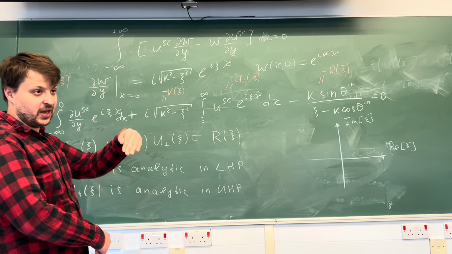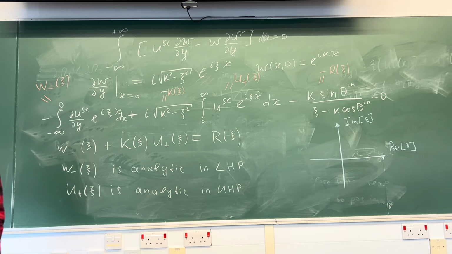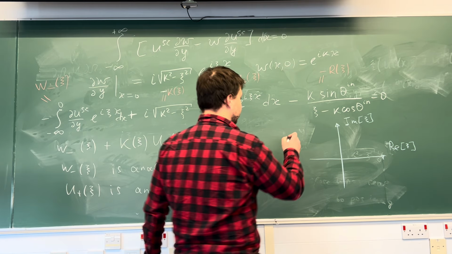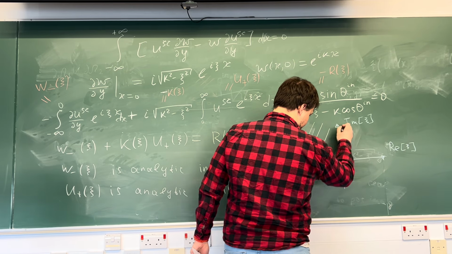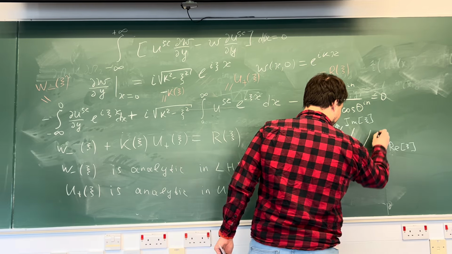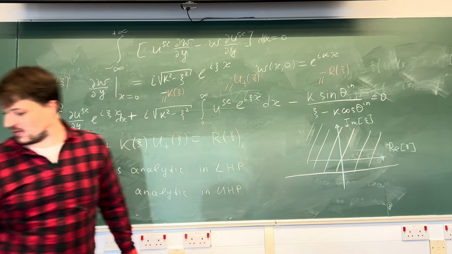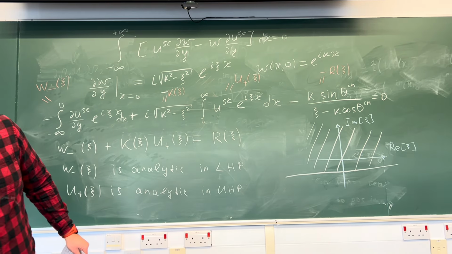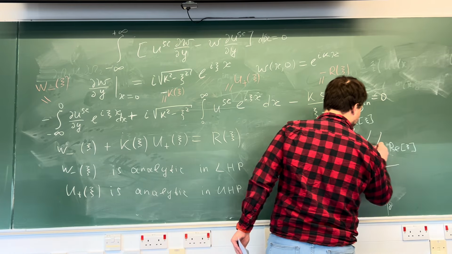It will decay as an exponent like this. And that's why for one function we have an analyticity region like this. So for the upper function it's like this, and for the lower function it's like this.